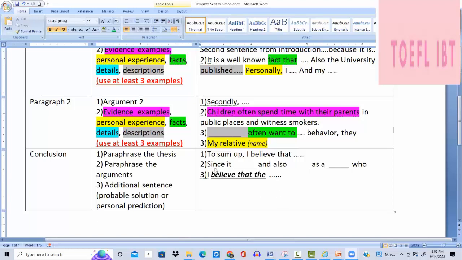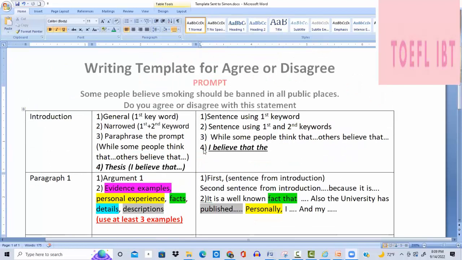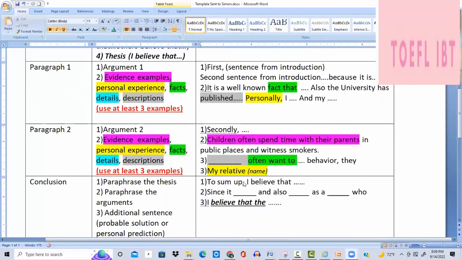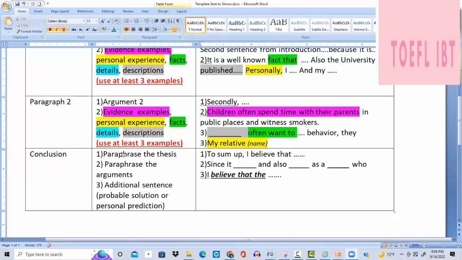So you're not going to say that right here, but you're going to say, to sum up, I believe that. But you'll put in summary, finally, in conclusion, any of those. I believe that. What do you believe?